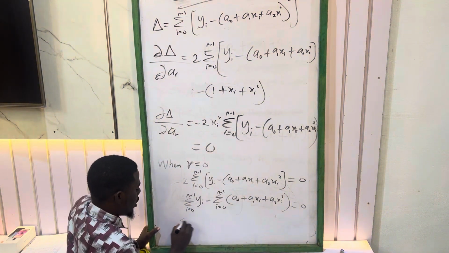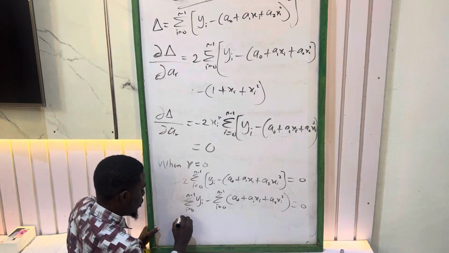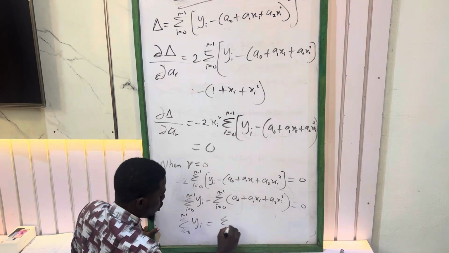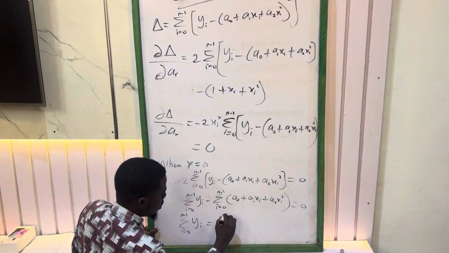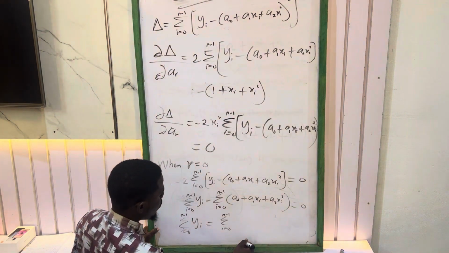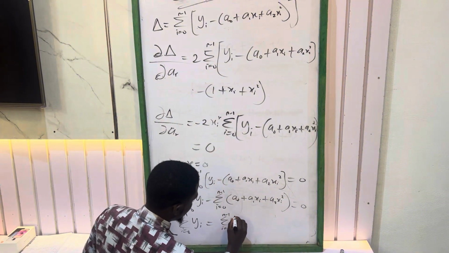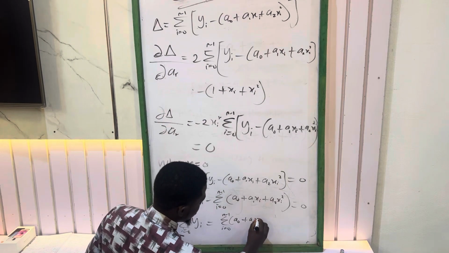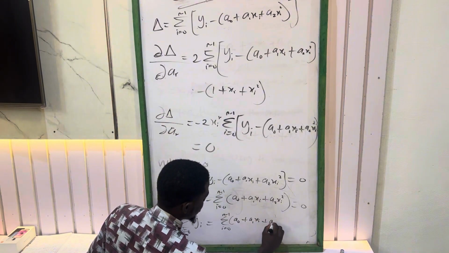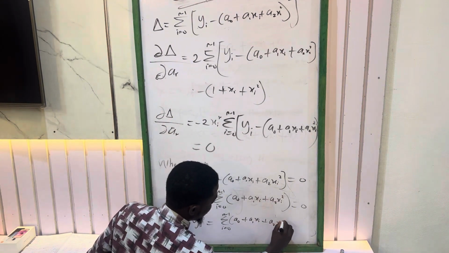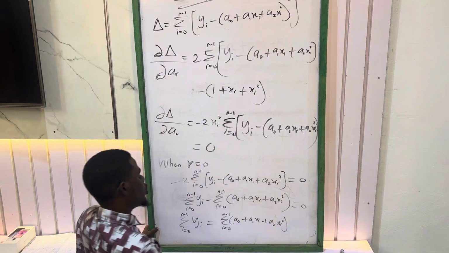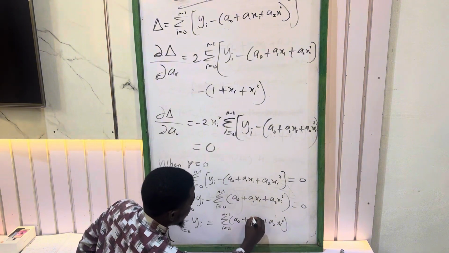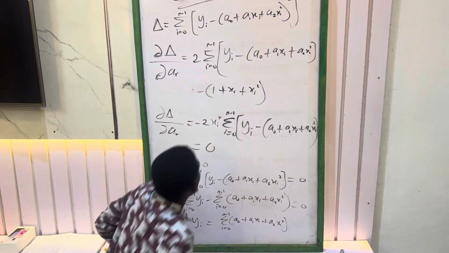So the summation of yi is equal to the summation of i equals 0 to n minus 1 of the bracket a0 plus a1 xi plus a2 xi squared. We can call this our equation 1, or just leave it the way it is.